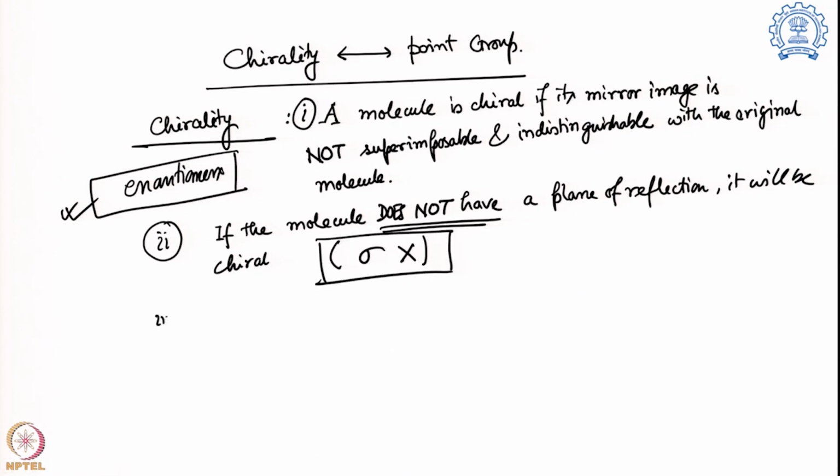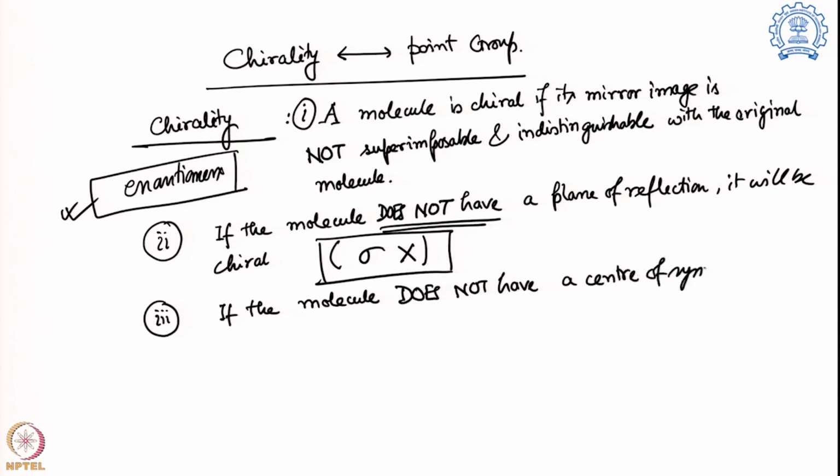So, go to the next one, the other definition we found: if the molecule does not have a center of symmetry, I should not say will be, I should say can be chiral.